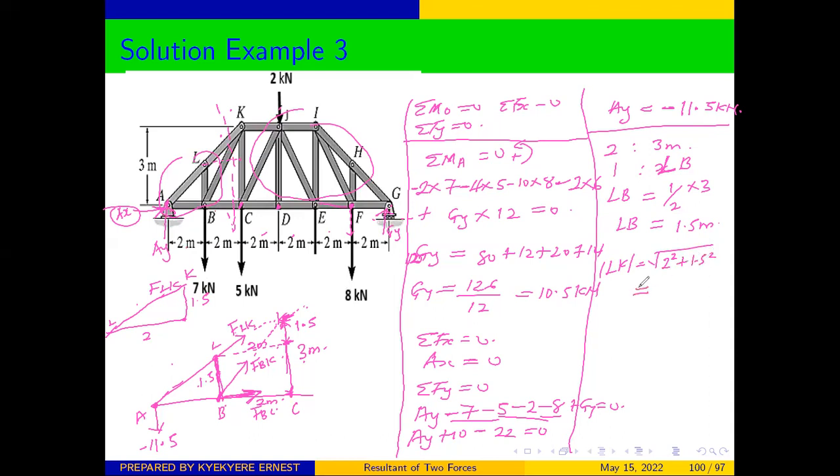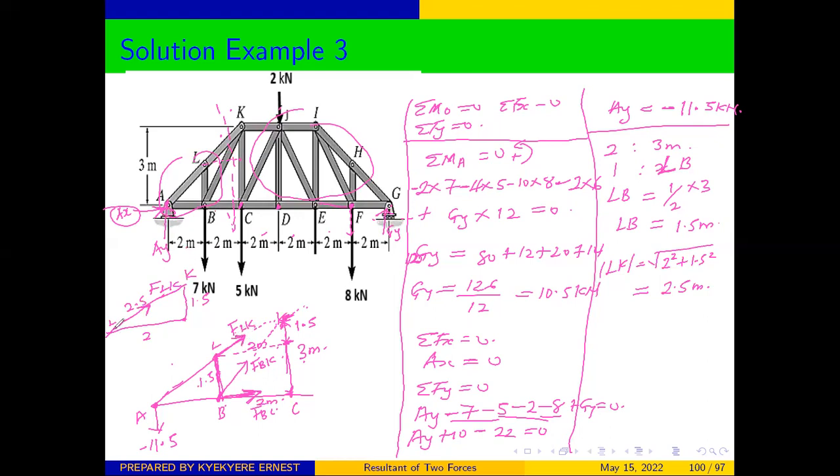And that is going to give us, I think, a value of 2.5 meters. Therefore, the length here is 2.5. And the force is moving this direction here. We are just considering the force from this point to that point here.